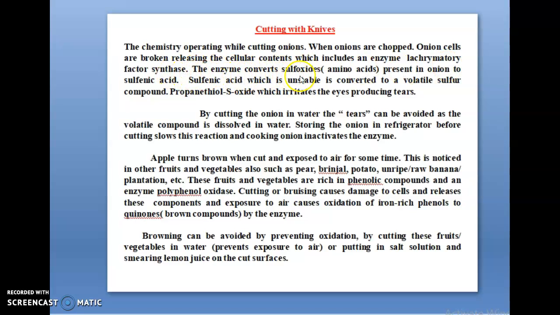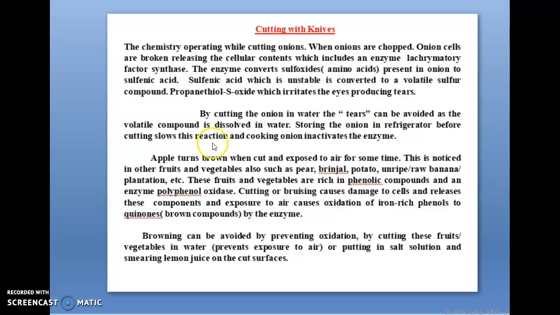The enzyme converts sulfoxide amino acids present in onion to sulfenic acid. The sulfenic acid, which is unstable, is converted to a volatile sulfur compound, propanethial S-oxide, which irritates the eyes, producing tears.